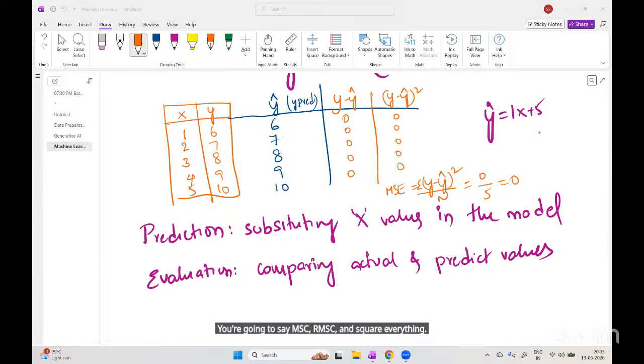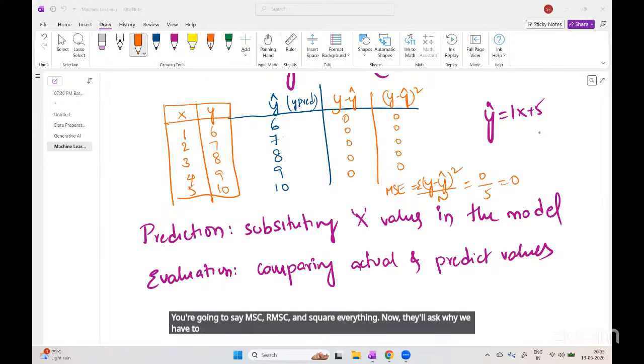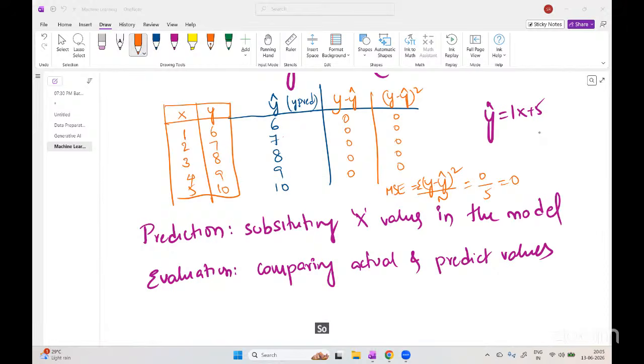Now they'll ask why we have to consider only RMSE or MSE. That is the next interview question. Next they'll ask what is meant by the OLS technique, the ordinary least squares method. Full form, okay. What is the meaning of that? I didn't ask what is the full form of OLS.